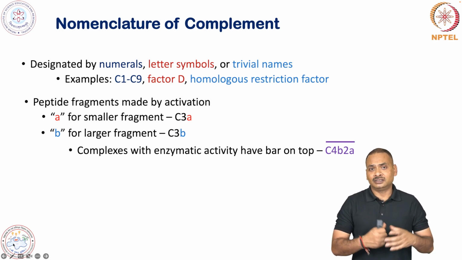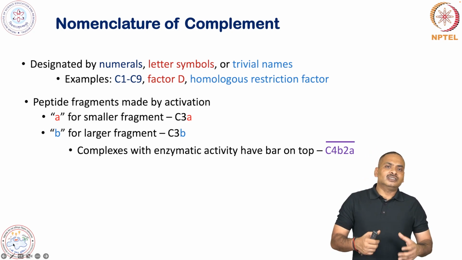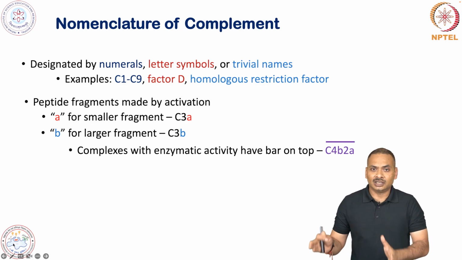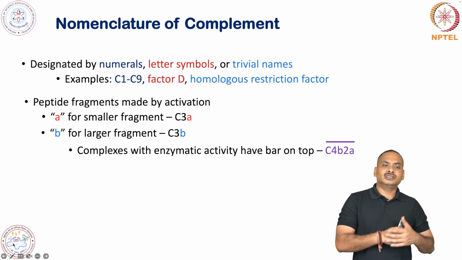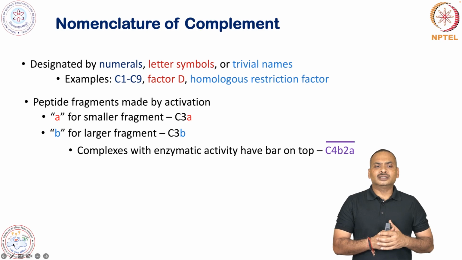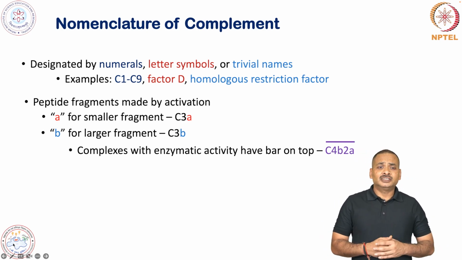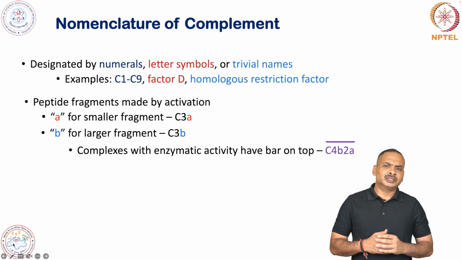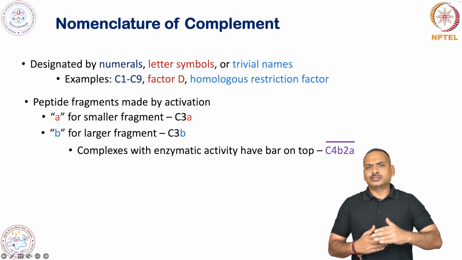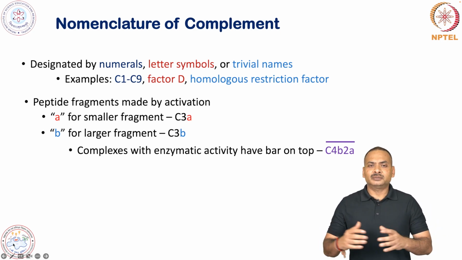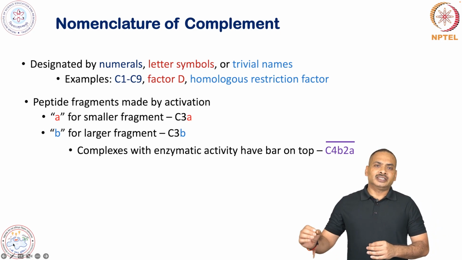Again, it is not always the case. In general, the B part is the larger fragment and the A part is the smaller fragment, and so there is a larger fragment which we designate as C3b. In various complements you will see there is a larger fragment and they are designated as B.